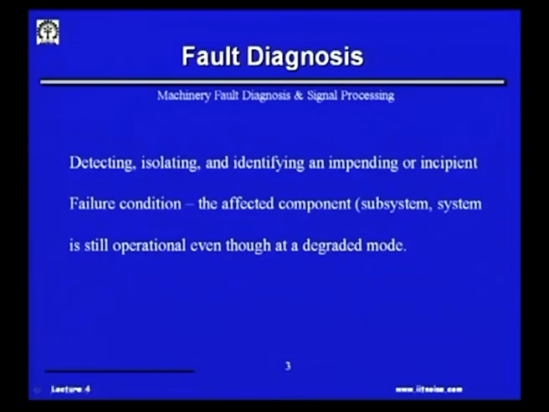Before we move to the next sections, I would like to give you a definition of fault diagnostics, which is detecting, isolating and identifying an impending or incipient failure condition. The affected component, subsystem or system is still operational even though in a degraded mode. So, fault diagnosis encompasses detection, isolation and identification.